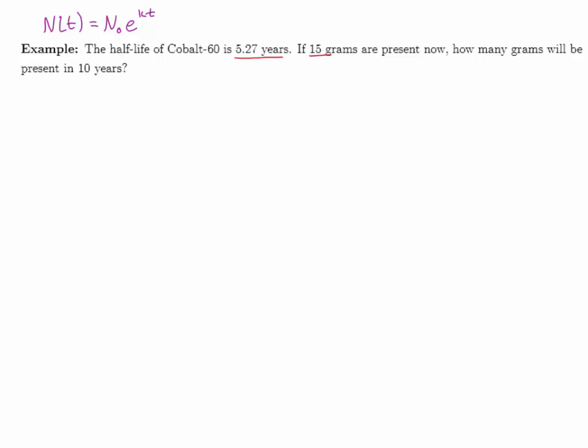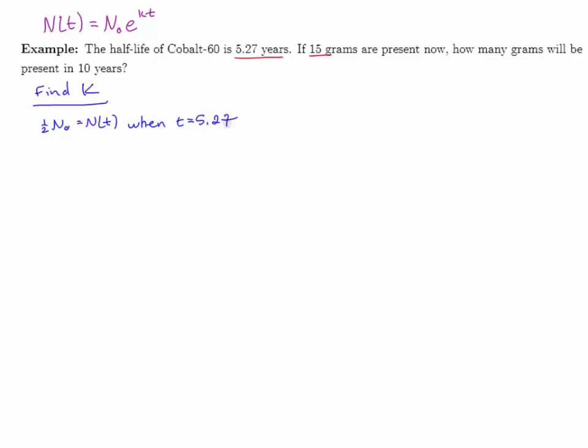Okay, so first we're going to find k. Let's go through that. So the half-life tells us that we'll have 1/2 N naught. That'll be equal to N of t when t is equal to 5.27. So we'll use this to set up an equation to solve for k.